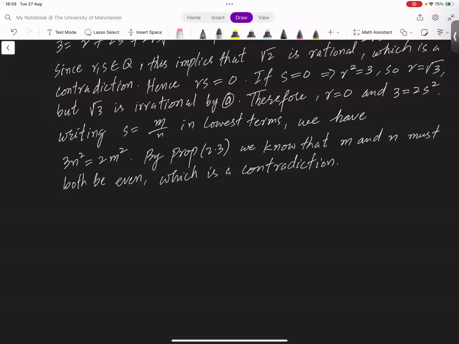Hence, under root 3 cannot be written as r plus s into under root 2. Perfect.